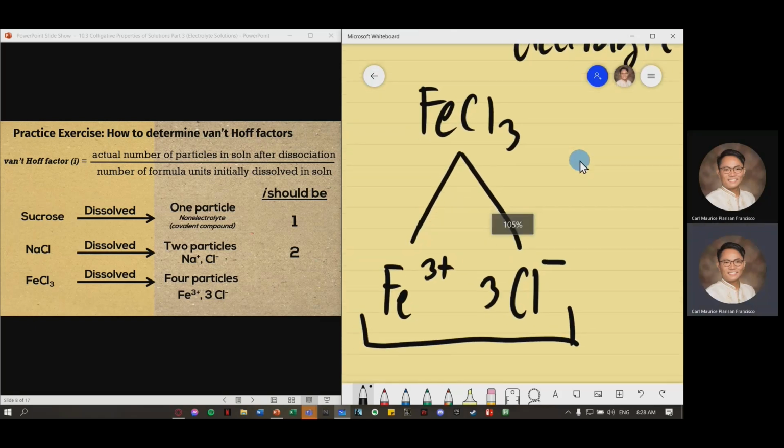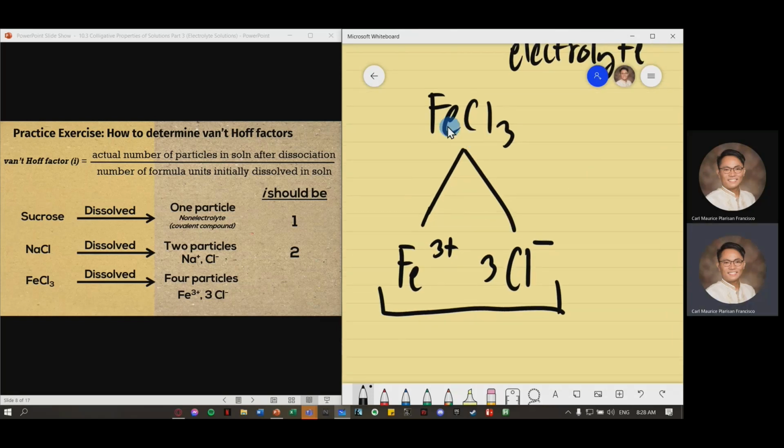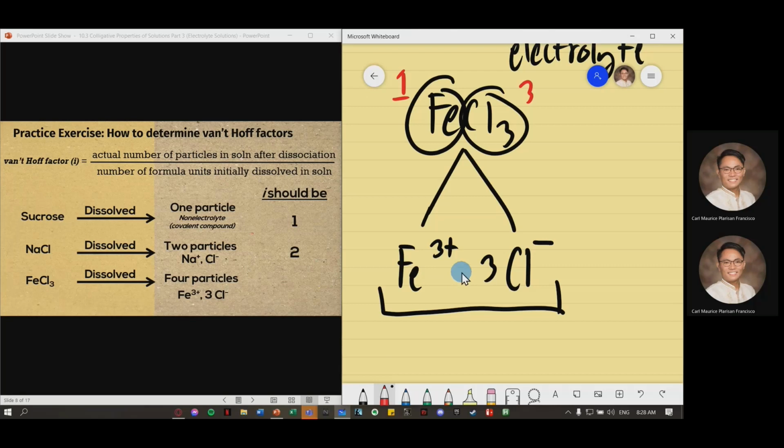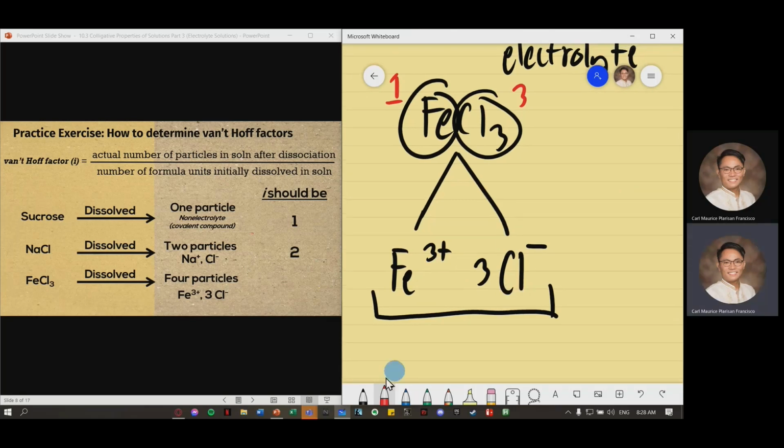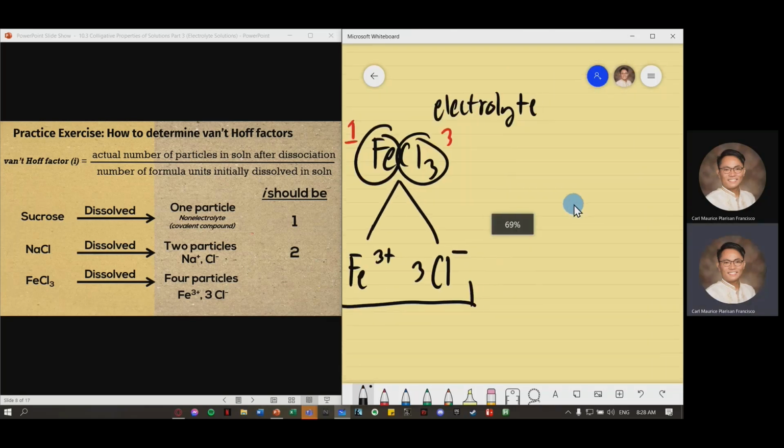Pag nag-dissociate tayo, meron kang isang ion, and then meron ka naman ditong tatlong chlorine. Okay? So we have here 4 particles. So how is this computed?